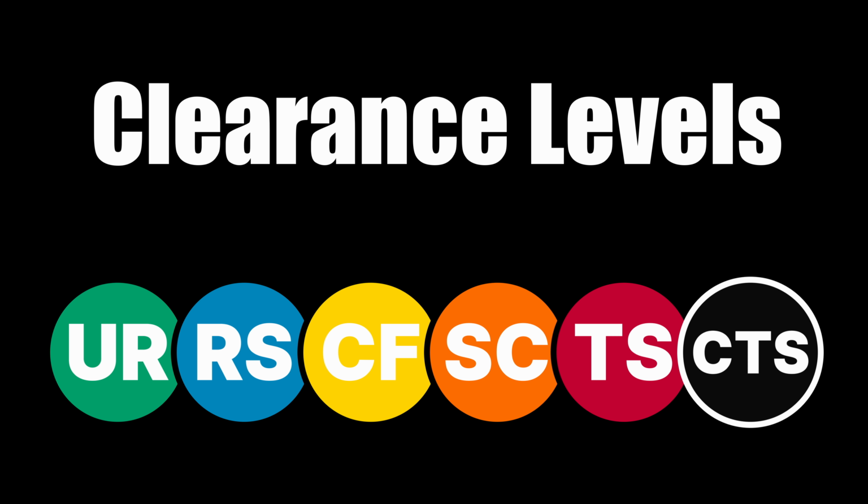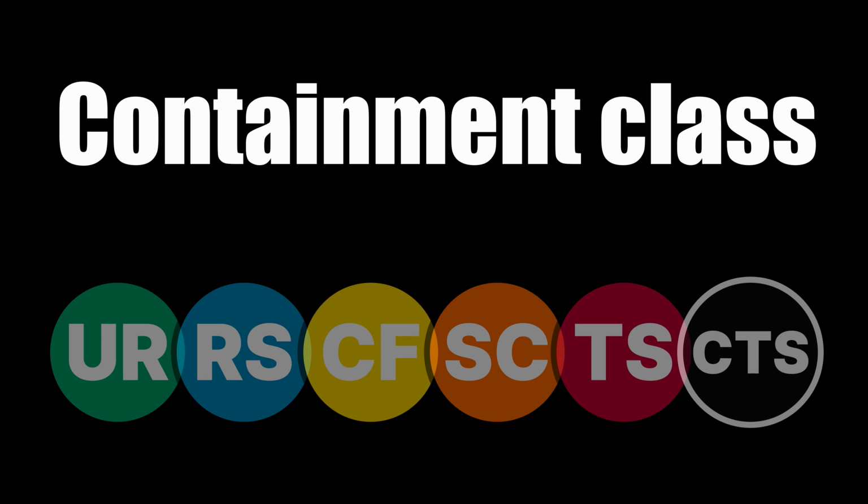Finally, the most secret Foundation documents go under level 6 clearance level, Cosmic Top Secret, being available only to members of O5. Additionally, access to this document can only be granted by an active O5 member.